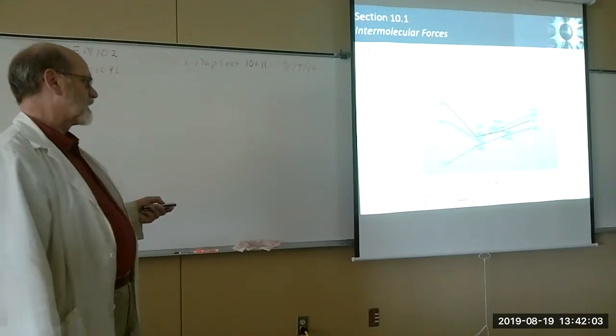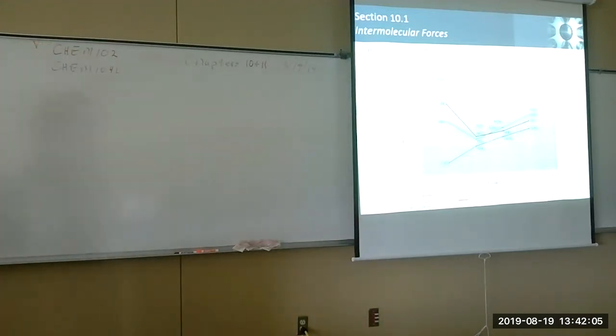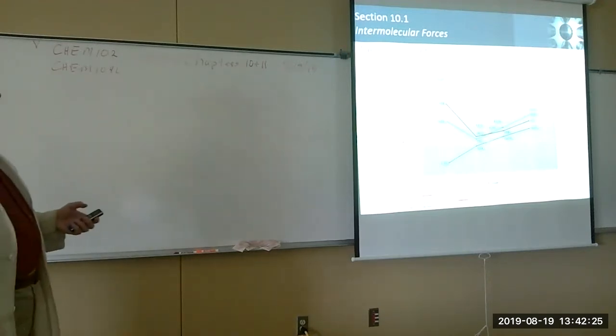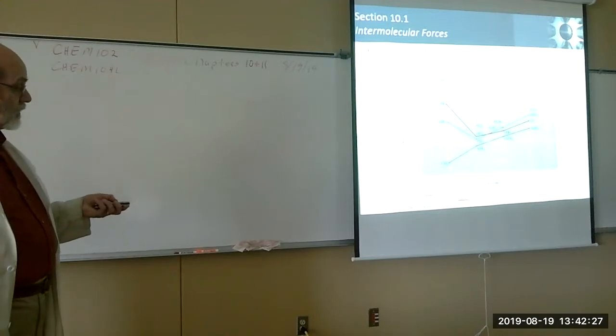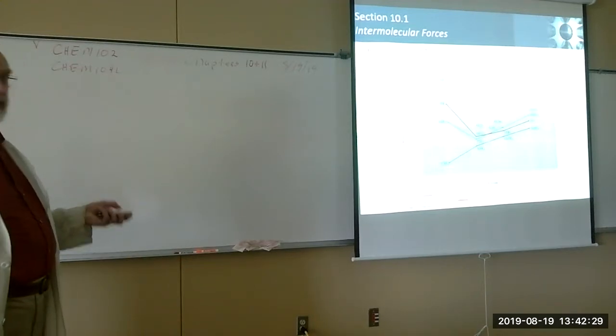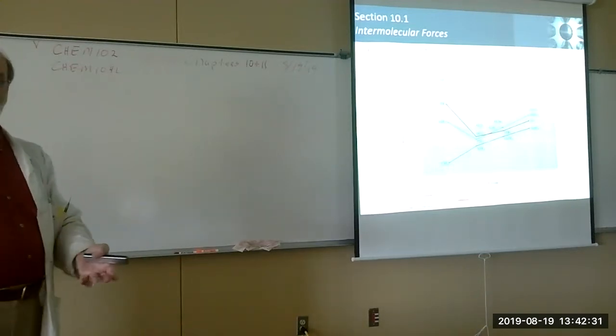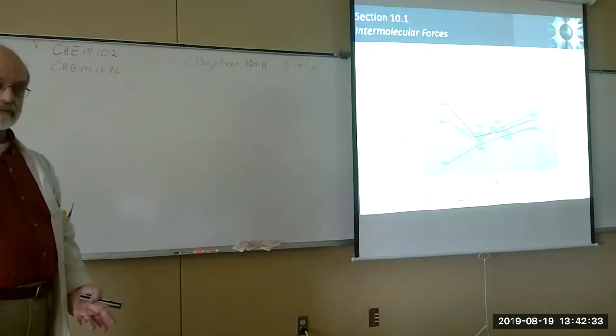Carbon, silicon, germanium, and tin are in this family. So as you go down the family, you increase the boiling point. And since these are nonpolar molecules, the only thing that can hold them together is London dispersion forces.